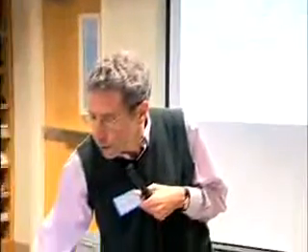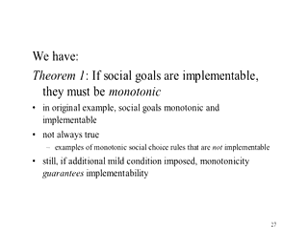And if there were more time, I would go through the reasoning, but let me just state the first main result. If social goals are implementable, then they must be monotonic in the sense that I've defined.